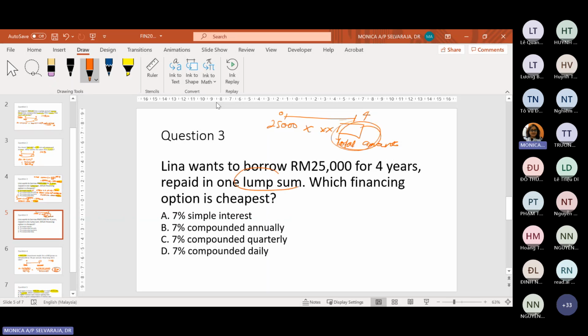This is lump sum, one payment. The meaning is one total payment. Are you okay? Can you understand?